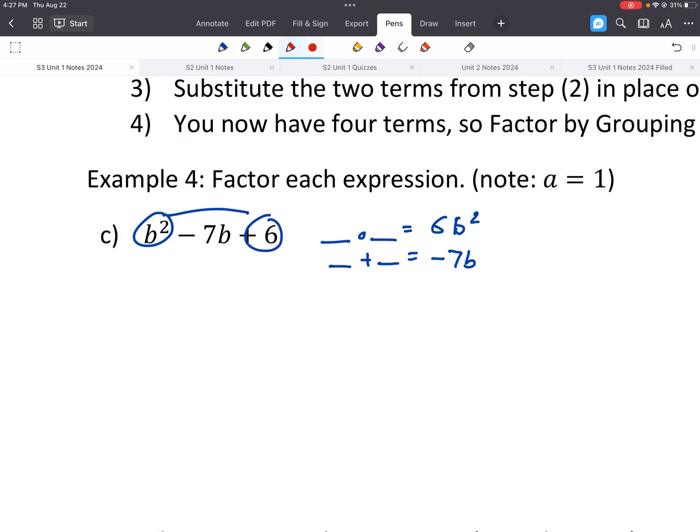And then you'd say, well, maybe negative 1 and negative 6. That could work. Okay. And then last year I shared that if a is 1, the leading coefficient is 1, then we can go and write our factors straight away. So here we have b minus 1 and b minus 6.